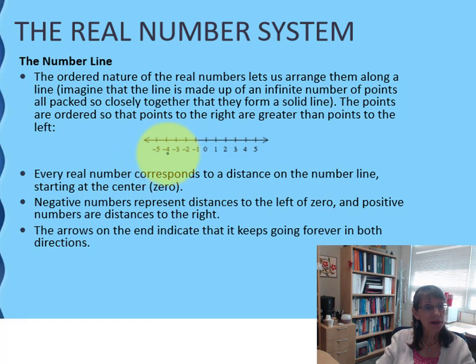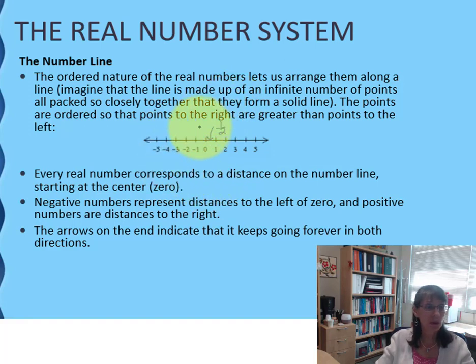We can see that there are negative numbers, 0, and positive numbers, and in between these values we find our rational numbers. So in between 0 and 1, if I go exactly halfway, then that would be 1/2. I could find 5/8. I could find 13/7. I could find pi.